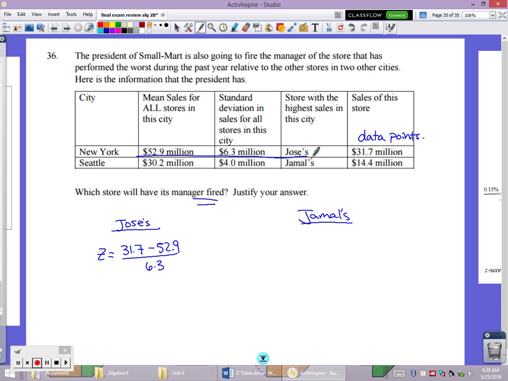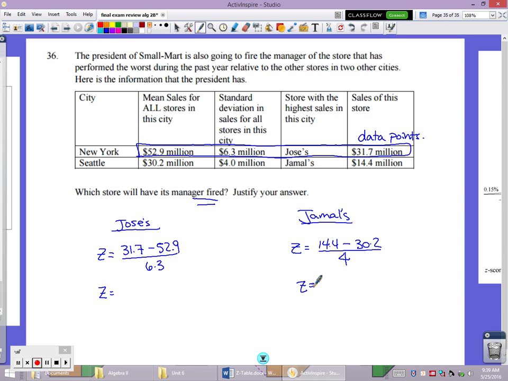I'm just looking at these data pieces for Jose, and then I can calculate that. And then Jamal's store, he had 14.4 minus the mean, 30.2, divided by 4. And then we want to find the z-score for that.